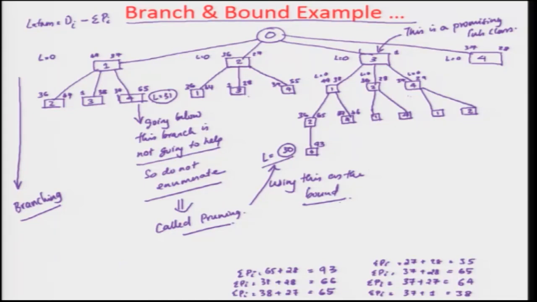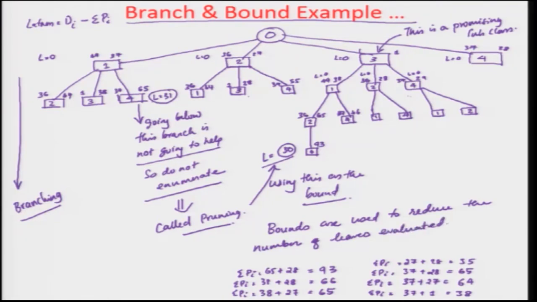So, using the bound. Why do you use a bound? Bounds are used to reduce the number of leaves evaluated in a tree. Okay. So, this approach I am talking about is what we call a branch and bound algorithm.